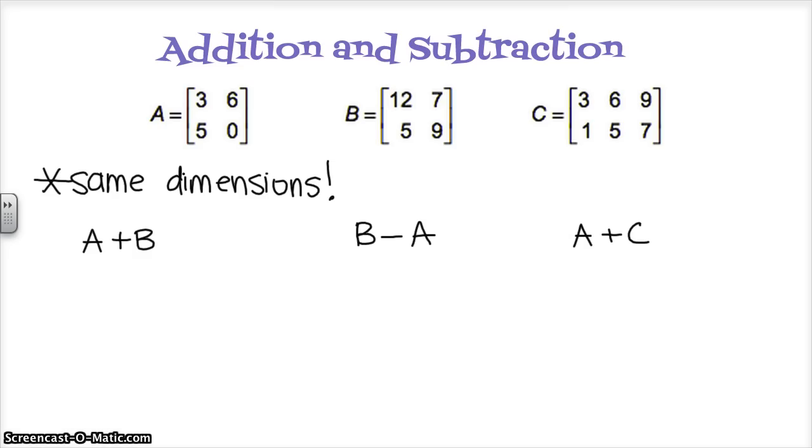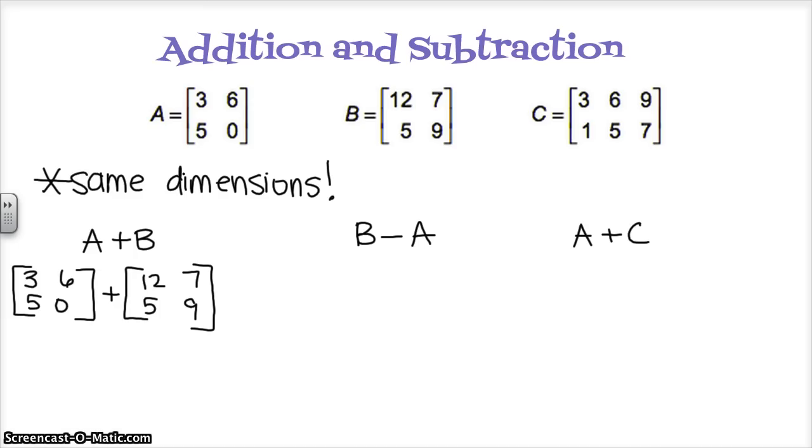You're going to just add the entries. So for A plus B, here's matrix A: 3, 6, 5, 0. Here's matrix B: 12, 7, 5, 9. And when you add them, just add the corresponding entries. So in matrix A, A11 is 3. In B, B11 is 12.